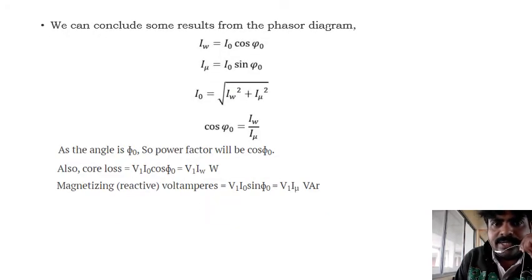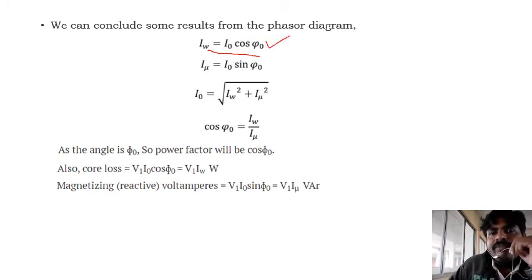In this slide I have shown that IW is equal to I naught cos phi naught, because in the right angle triangle cos phi naught can be written as IW divided by I naught. Then similarly sin phi naught is I mu divided by I naught.